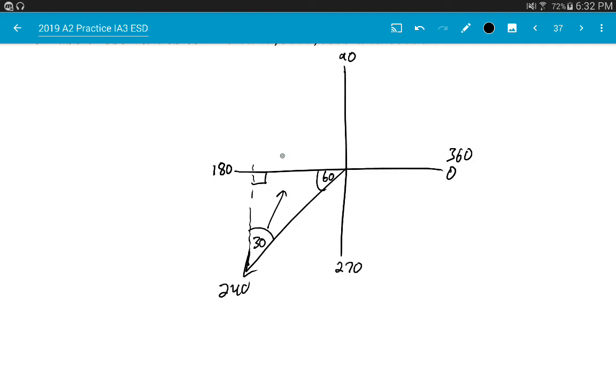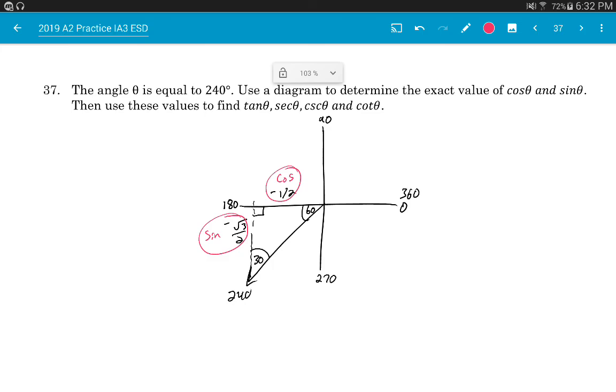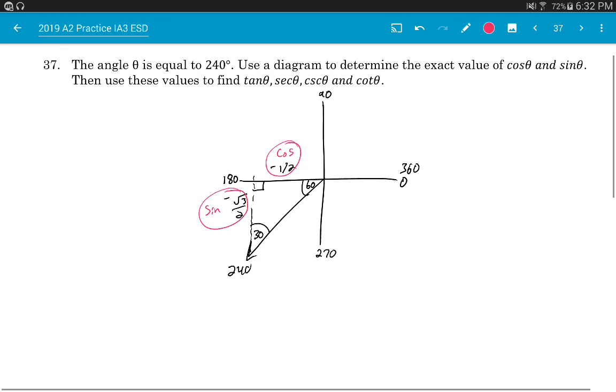Opposite the 30-degree angle is a 1/2. Opposite the 60-degree angle is a radical 3 over 2. These are both negative because this is left and this is down. This right here is cos, and this right here is sine.